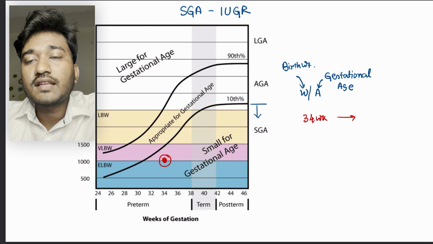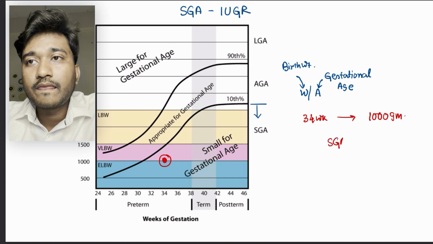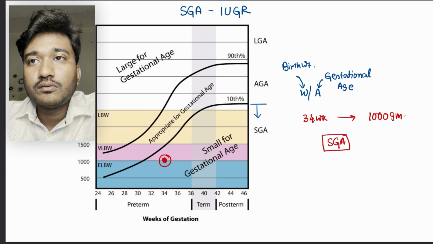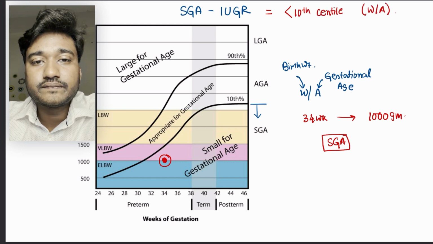Suppose we have a child of 34 weeks of gestation having a weight of only 1 kg. The child will be small for gestational age or an IUGR baby, as it is less than 10th centile.